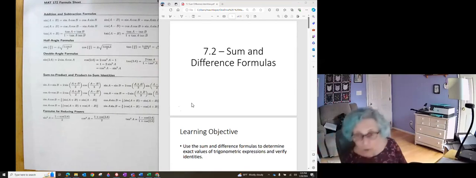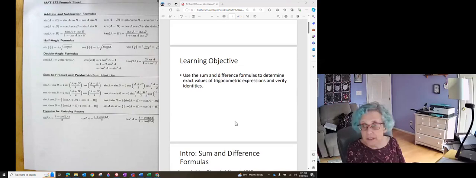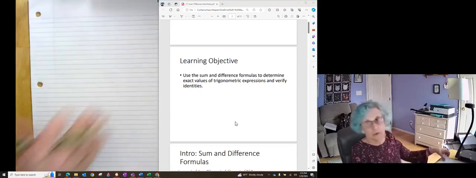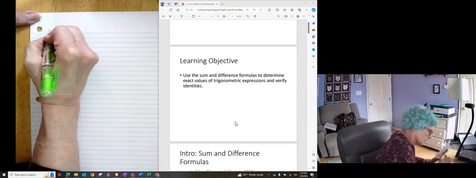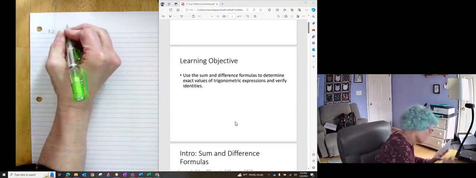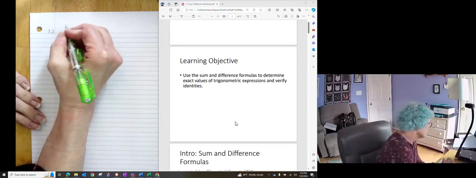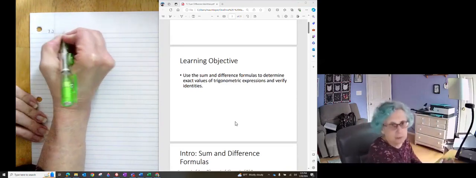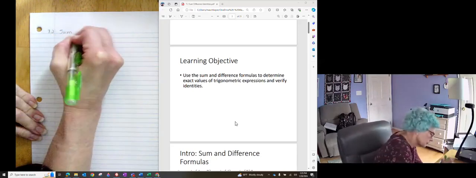So our learning objective for this section is to use the sum and difference formulas to determine exact values and to verify identities. So 7.2, this is addition, subtraction, or sum difference formulas.